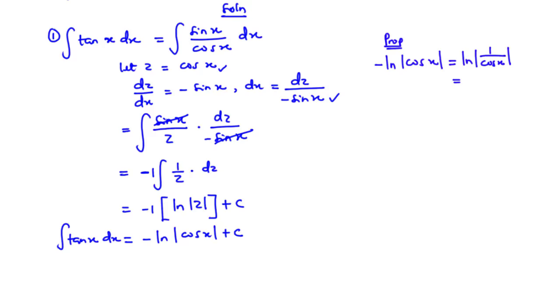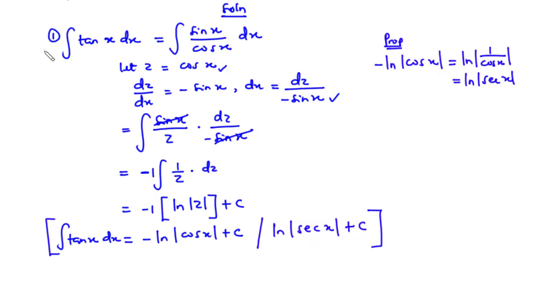Now we know that 1 over cos x is sec x. So we have ln of the absolute value of sec x. So you can as well say that the integral of tan x dx is also equal to ln of the absolute value of sec x plus c. So any one of these two is correct.